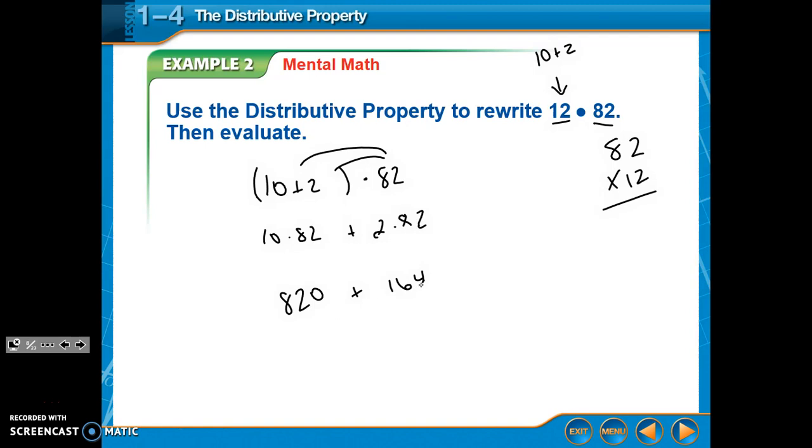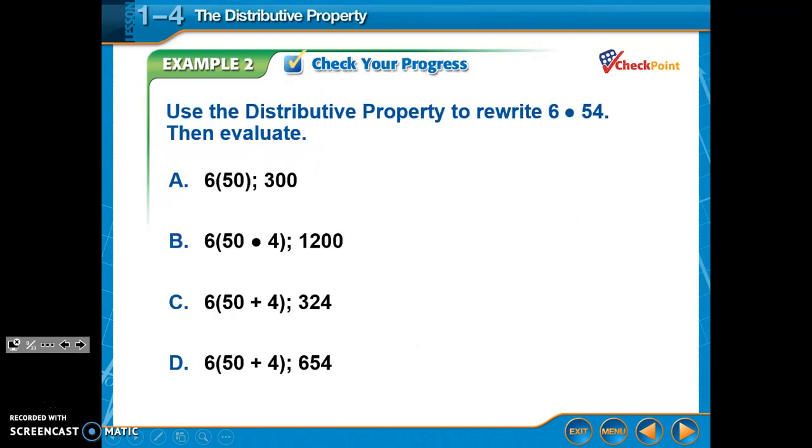So now I can just add these two numbers. 4 and 0 is 4, 6 and 2 is 8, and 1 and 8 is 9. So 984, which is the same thing I would get if I had multiplied this over here, but it just could be a lot faster to think about it mentally and break it up using the distributive property. Okay, so you guys try this one and think about how you would break this up so that it's easy to multiply.